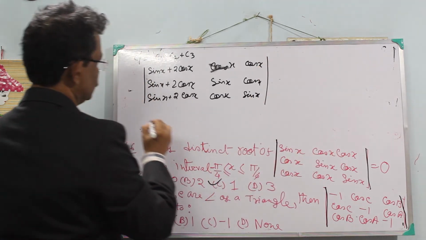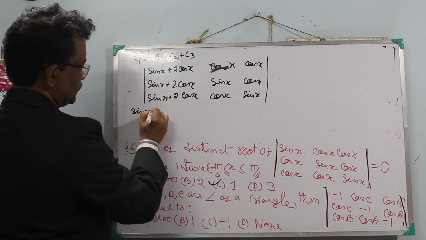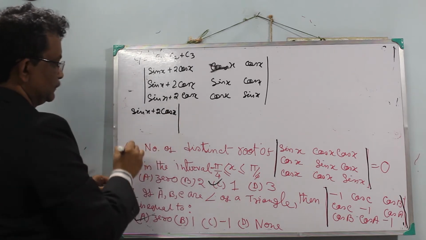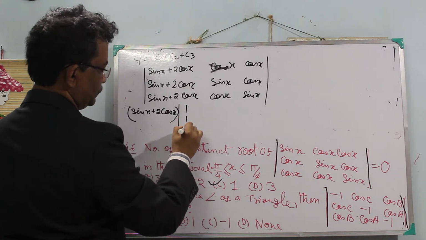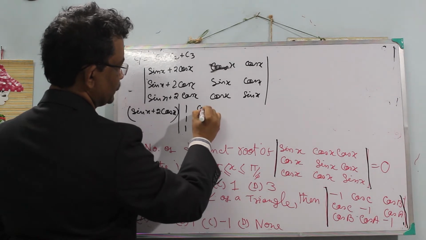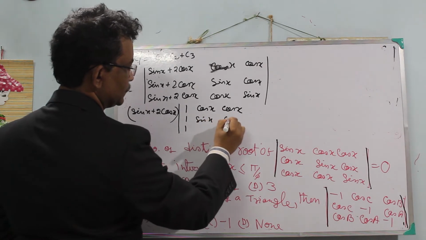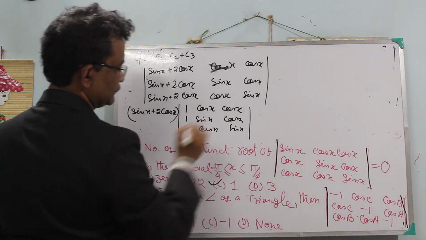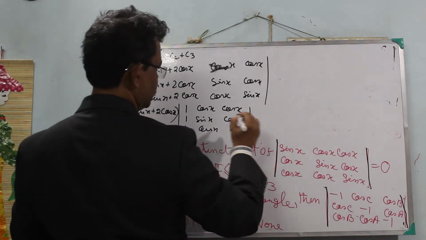Now take sin x plus 2 cos x common: 1, 1, 1, cos x, cos x, sin x, cos x, cos x, sin x. Clear? Now you calculate.